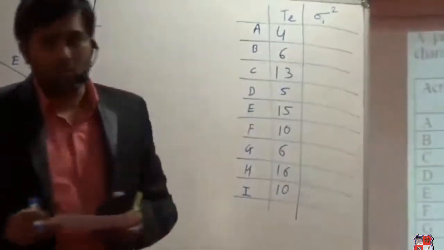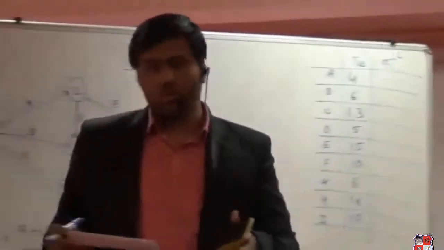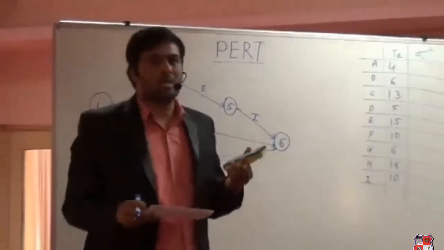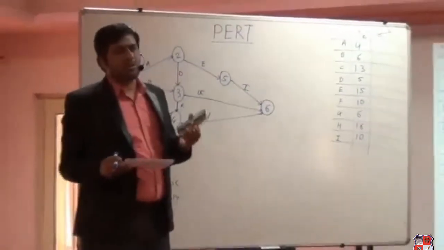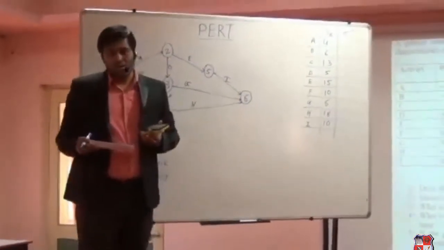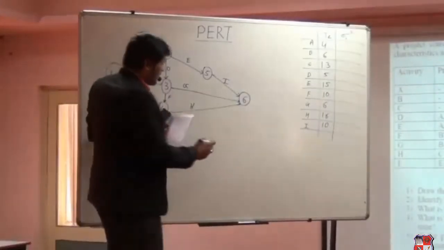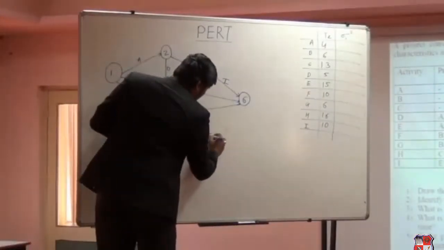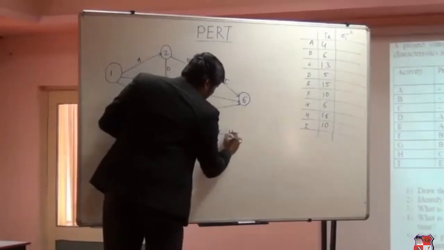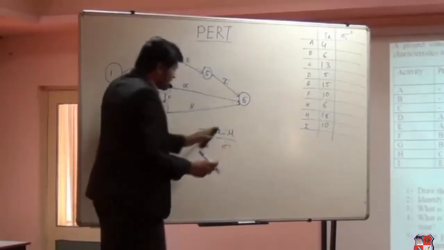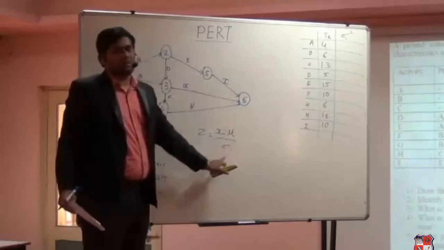Now, one more thing which is very important. Why is it important? Because the PERT technique follows the normal distribution beta curve. Now, the normal distribution requires a z-score, and the z-score requires 3 important things: x, mu and sigma.